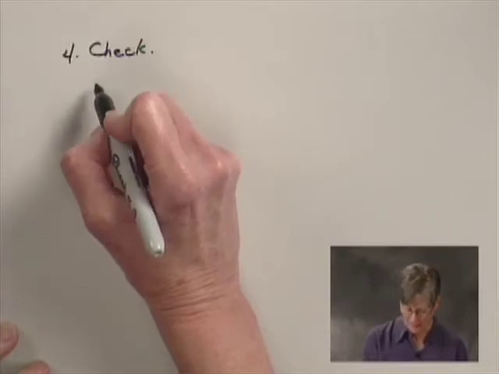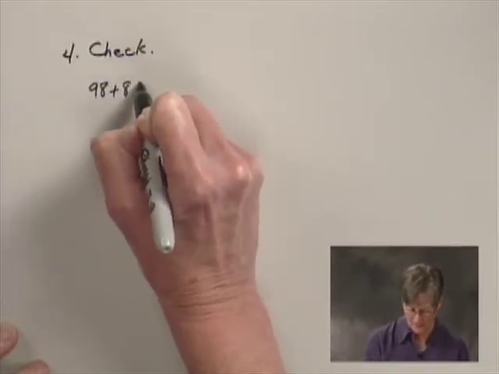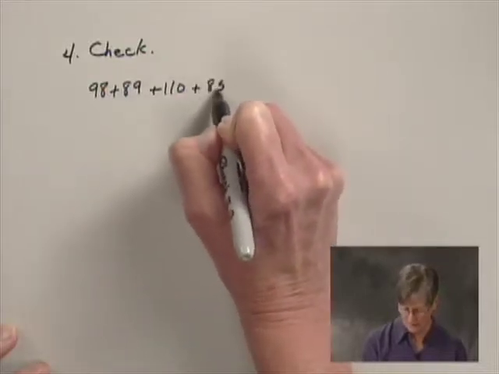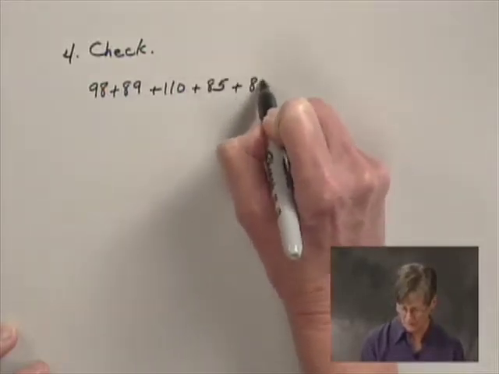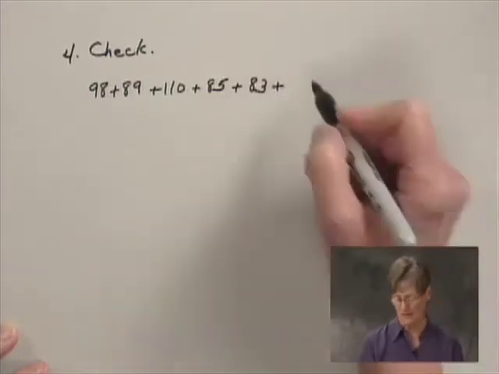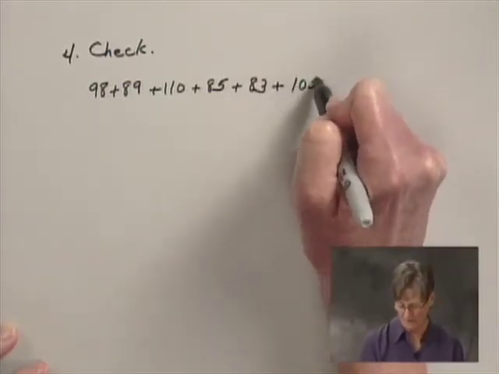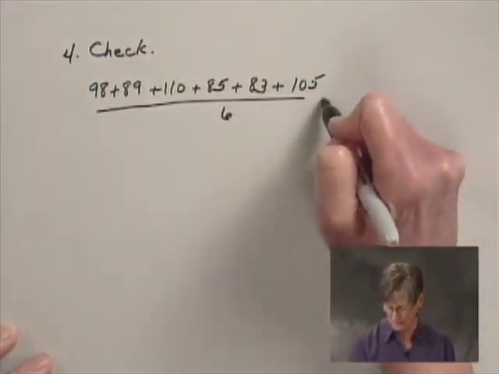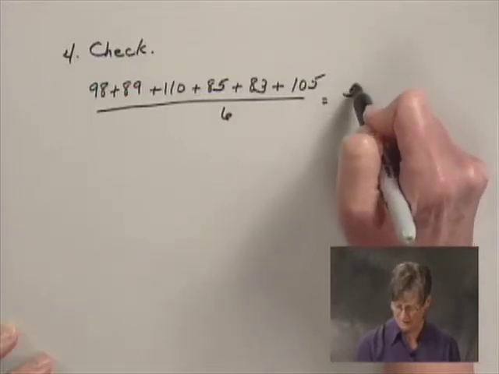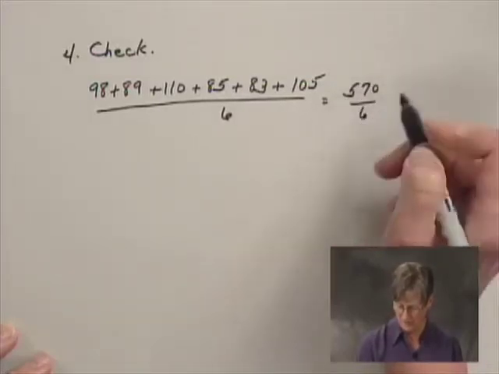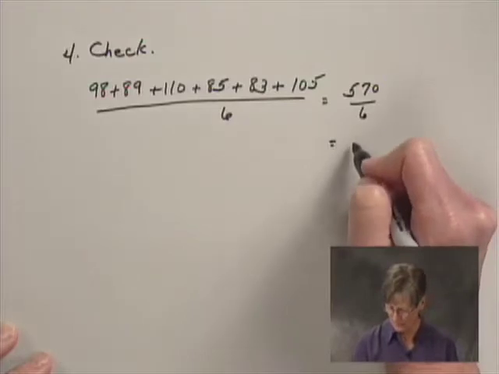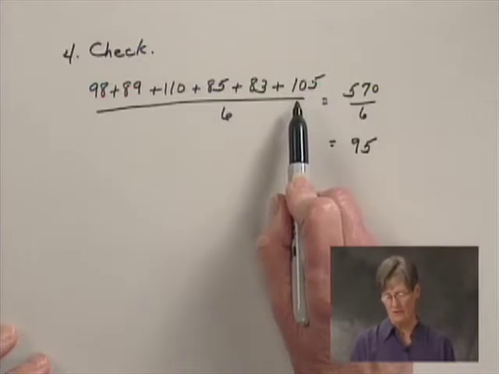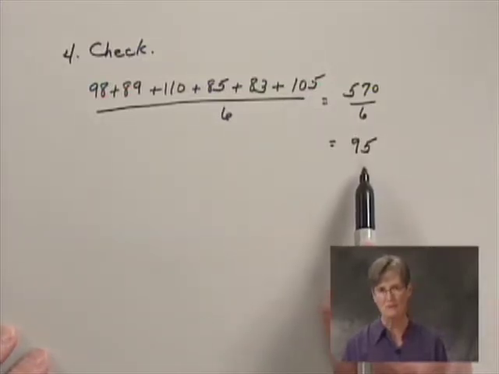So in other words, we're looking at 98 plus 89 plus 110 plus 85 plus 83 plus the number that we just found, 105, all of that over 6, and we'll see what this is equal to. When I add in the numerator here, I get 570, so I have 570 over 6, and that is equal to 95.